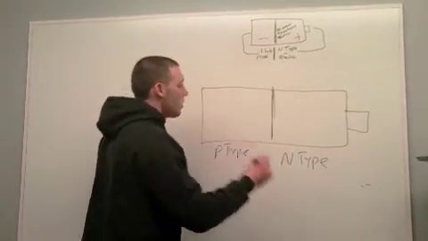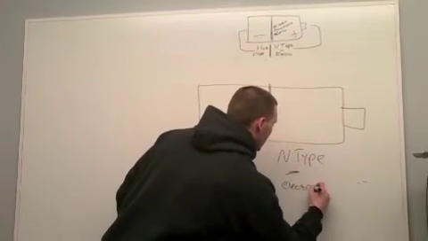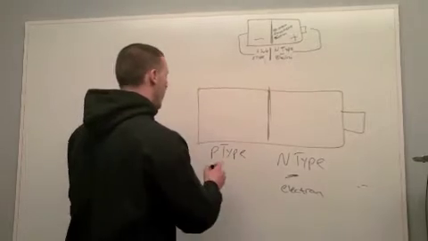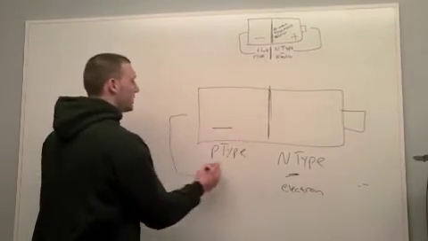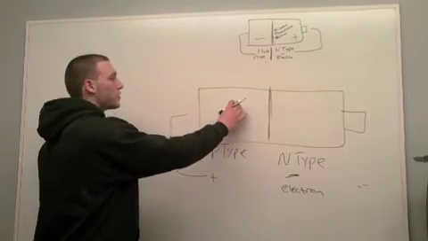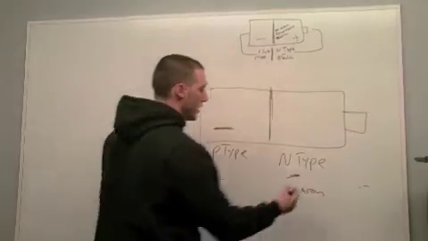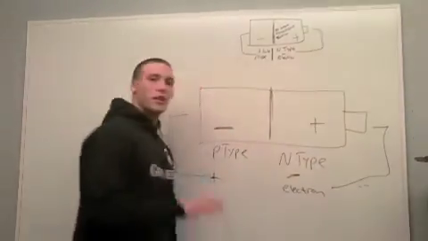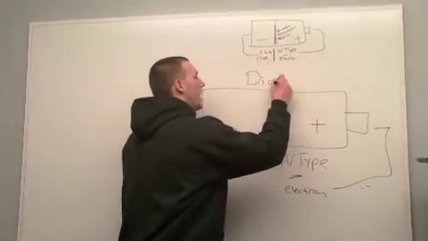One is a negative electron and one is a positive. Now what happens is when the battery's flipped around and the positive is with the negative and the negative is with the positive, you've got a perfect example of a diode.